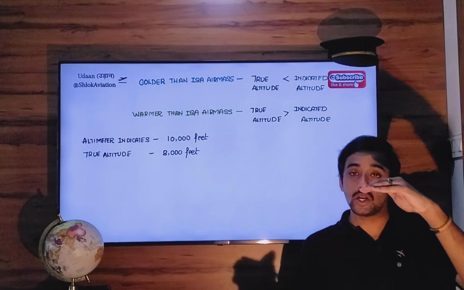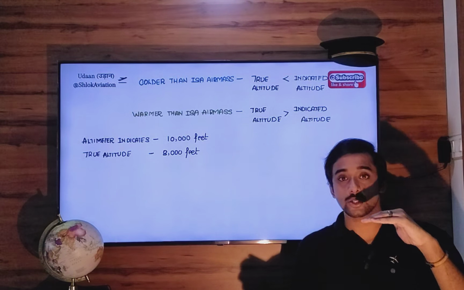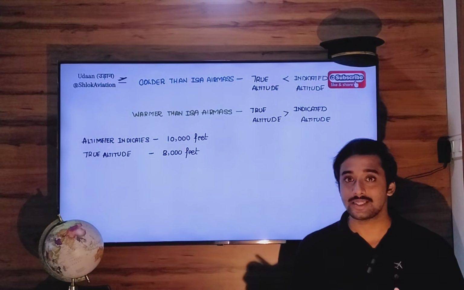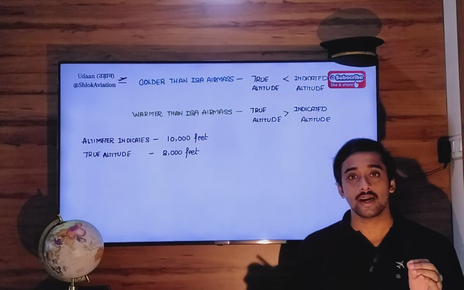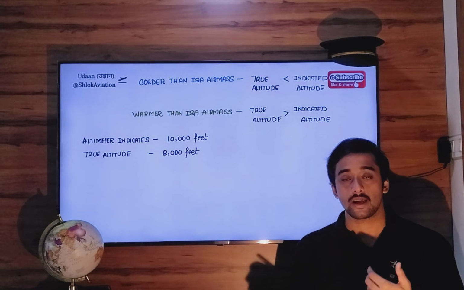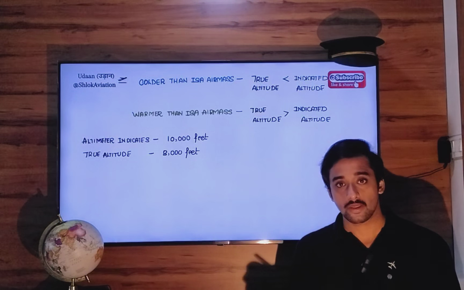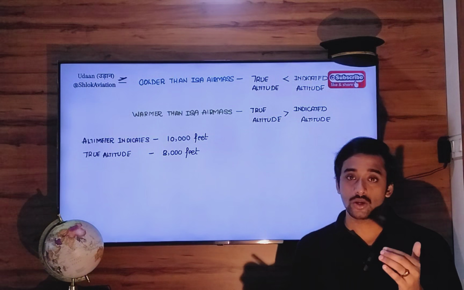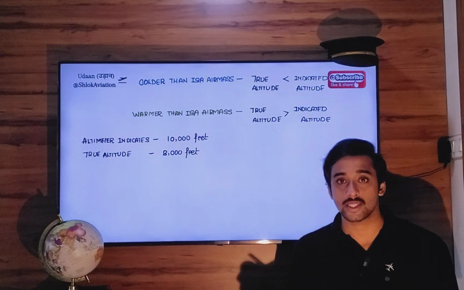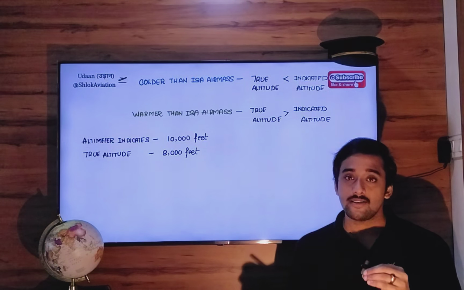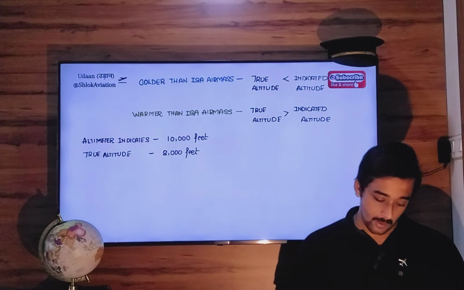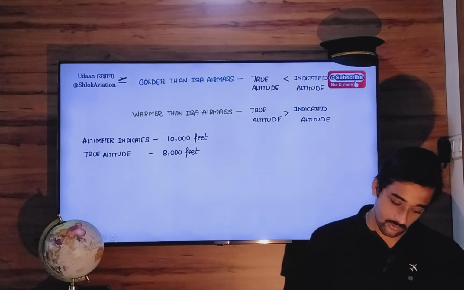Your plane is actually flying at 8,000 feet, but the altitude indicated by the altimeter is 10,000 feet. So you are flying under a mistaken belief that you are flying at 10,000 when that is not the case. You may be flying very close to obstacles, mountainous areas, whatever. So it creates an unsafe condition. Remember this.